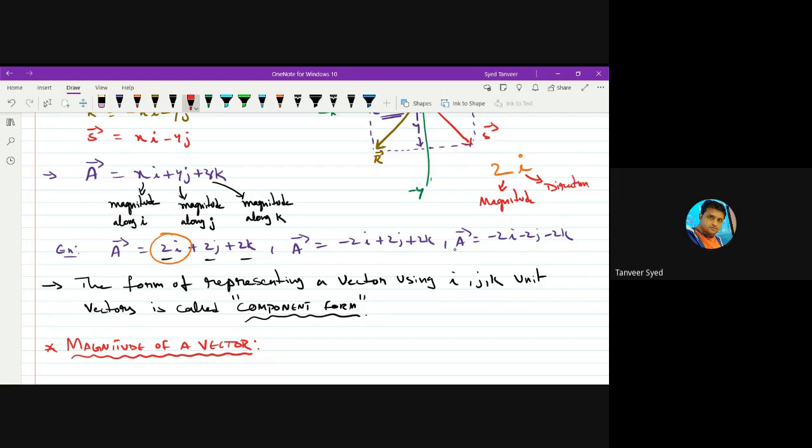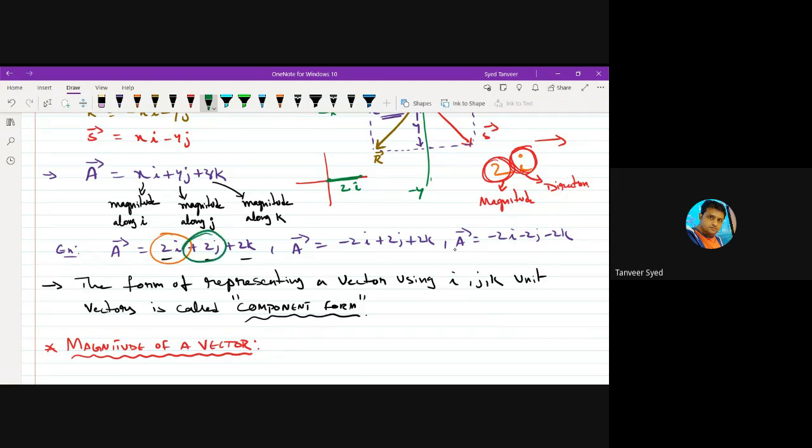And I hope you understand direction of i means positive x-axis. So you should go in this direction. How much? This much, 2. So you start from here, go 2 units in this direction. This is 2i.